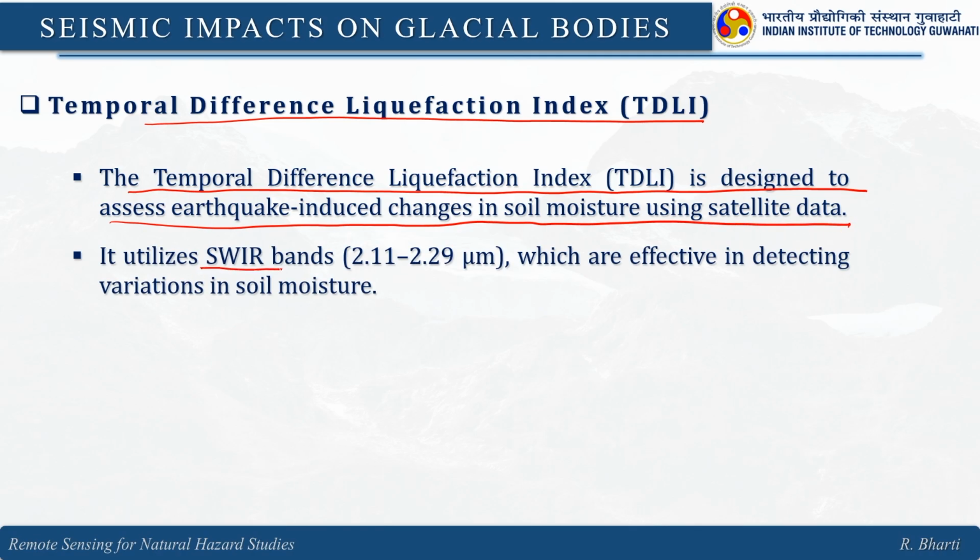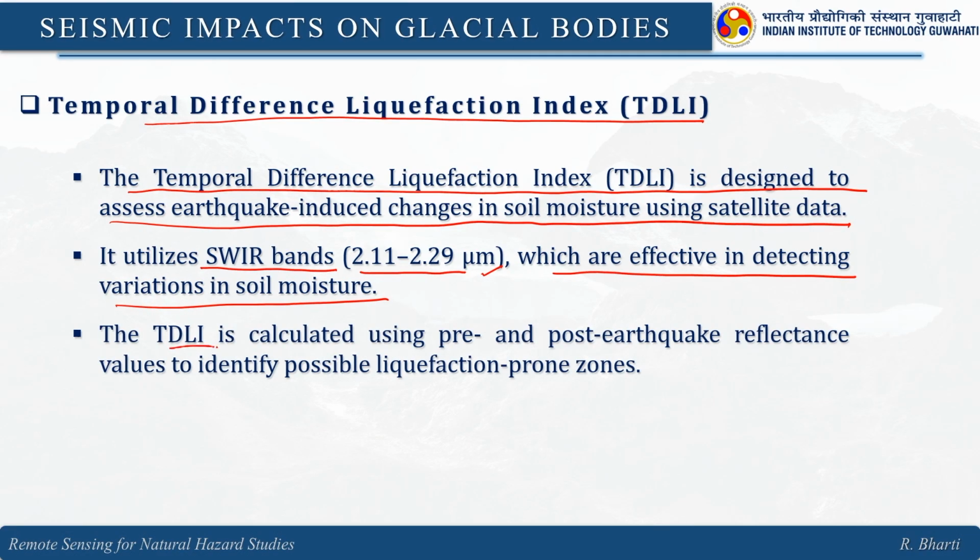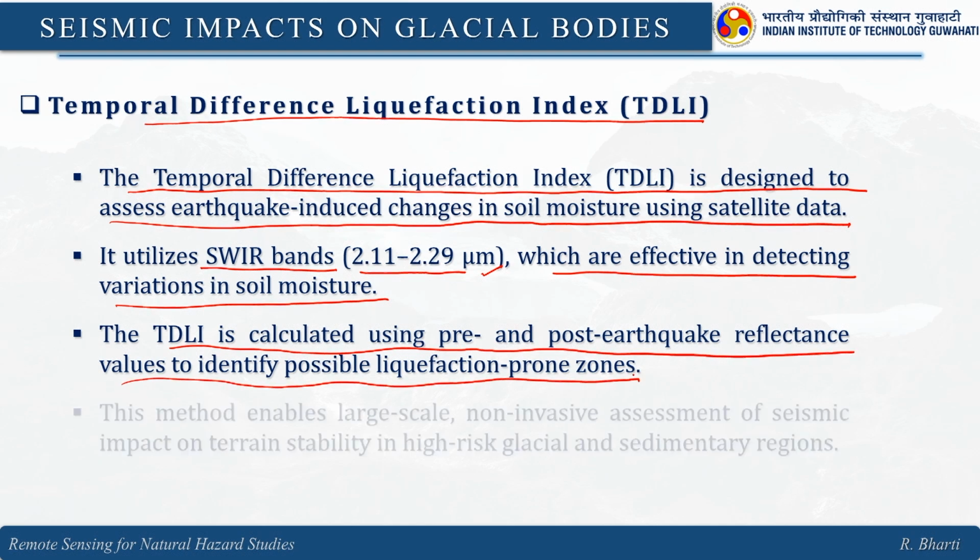So, utilizing the SWIR band, which is between 2.11 to 2.29 micrometer, which is effective in detecting variation in soil moisture. The TDLI is calculated using pre and post earthquake reflectance values to identify possible liquefaction prone zones.